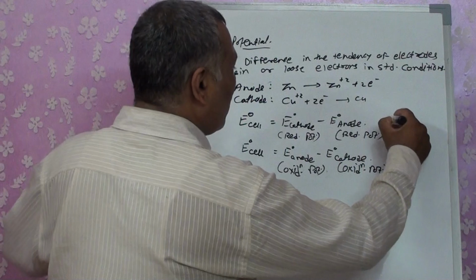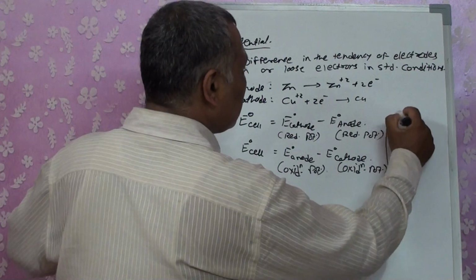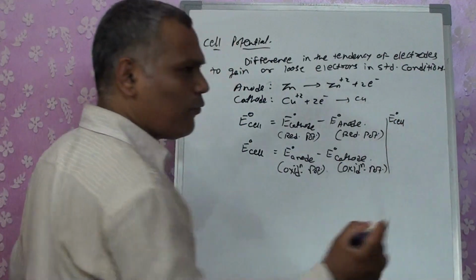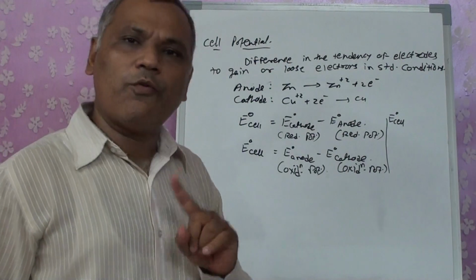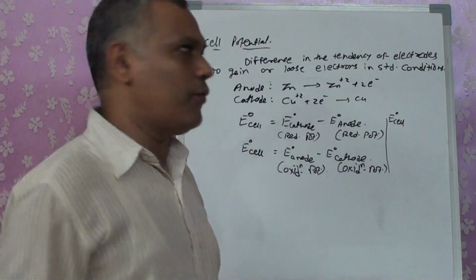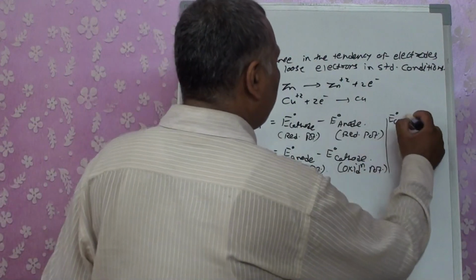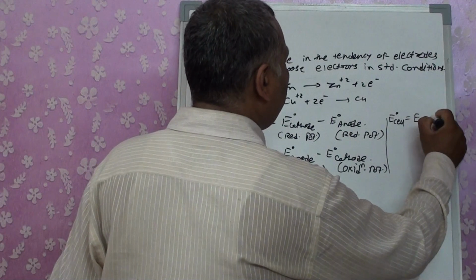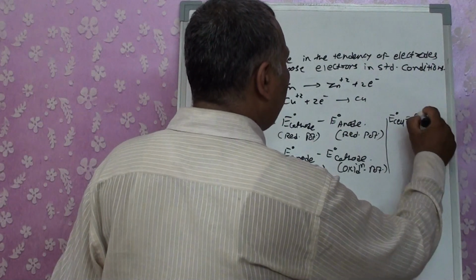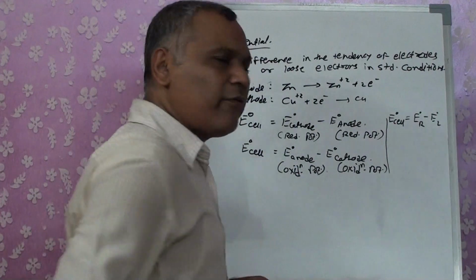Somewhere it will also be indicated differently. See, these are simple representations, different ways to write the equation. Either of them you have to remember, and you can write any of them, right? We wrote it as E cell is equal to E of right minus E of left. Now, right minus left means what?